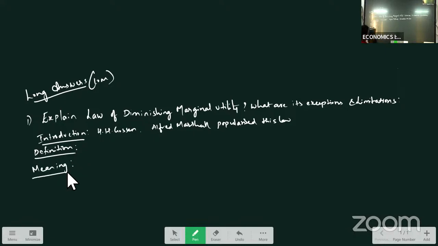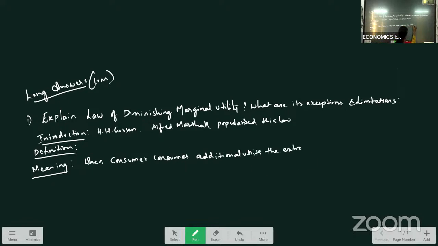After the definition, you will write the meaning of the law. In the meaning, they say that when a consumer consumes additional units, the extra satisfaction from the extra unit diminishes.